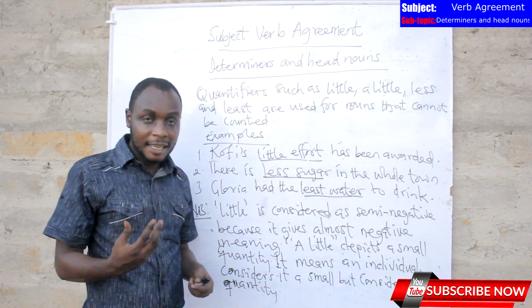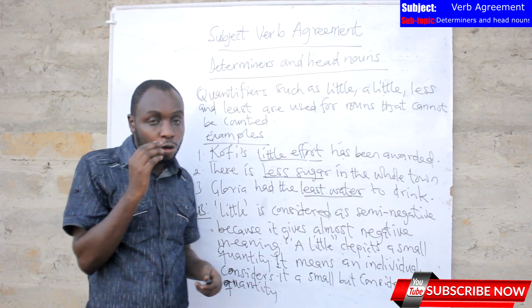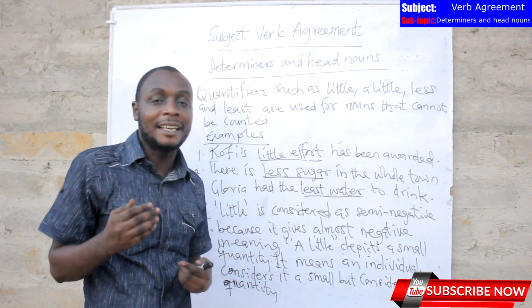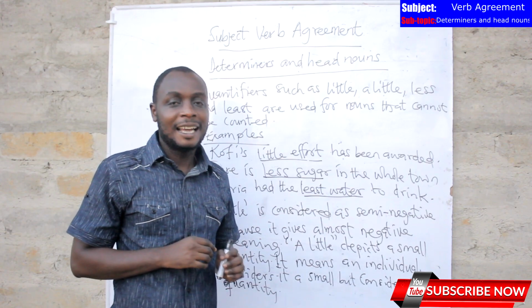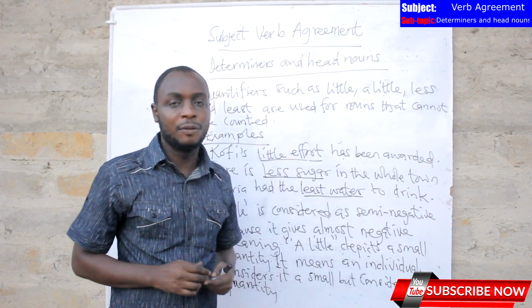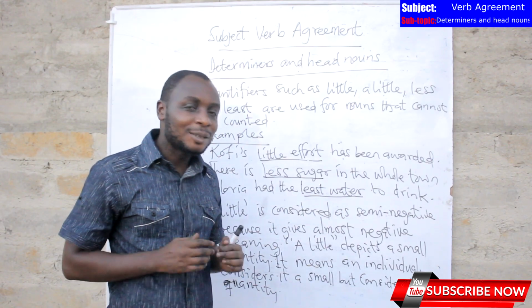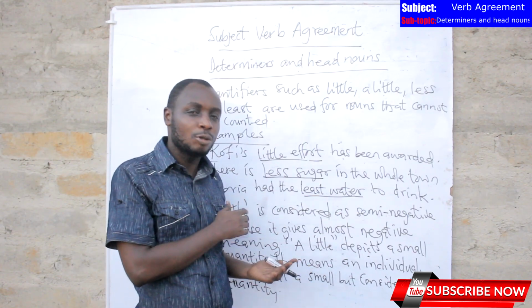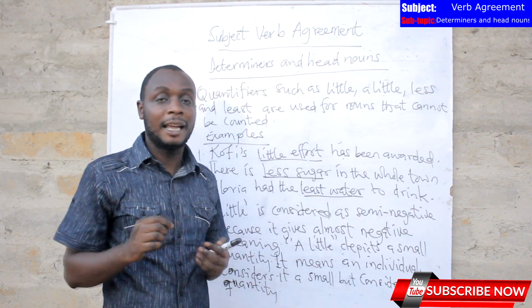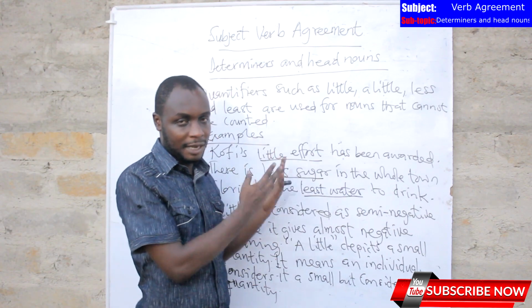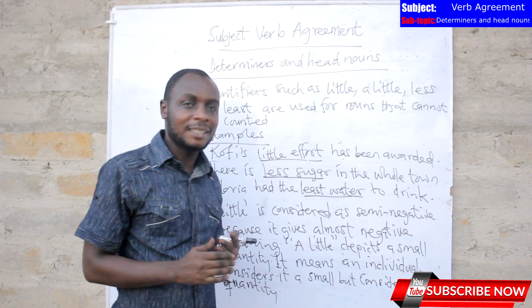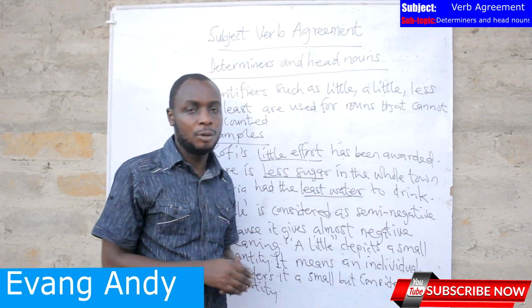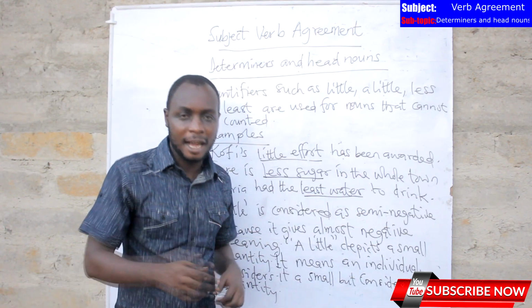That means that it is appreciated, and it could only be considered by the individual receiving it, who can say this is a little thing you've given him or her. So these are things that we should also understand, how to use little and a little. And we've learned that they go with non-count nouns. And as we study, we will know how to use them. Let's take a look at another form.